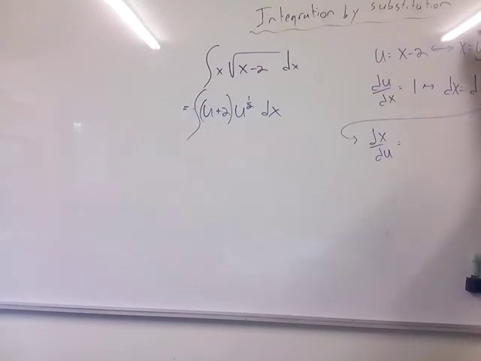What is dx to du? Looking at this equation, x is equal to u plus 2. If I want to differentiate x, x is a function that depends on u. So what will be the derivative of x with respect to u? 1 as well. And then again, I can find out if I multiply it by du, dx equals du.